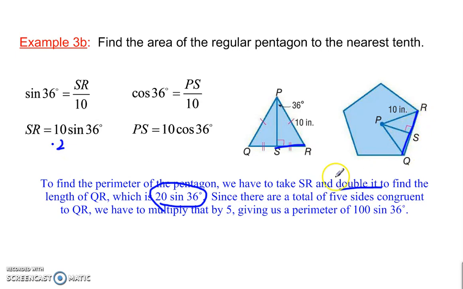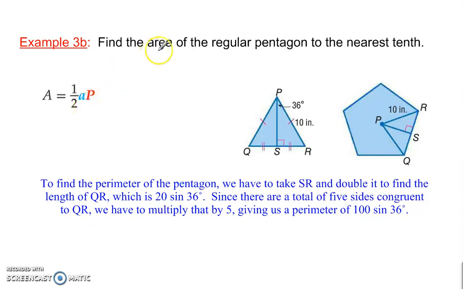And then, since we have 5 total sides, to find the perimeter, we take this times 5, and that gives me 100 sine 36 for the perimeter all the way around. If you didn't catch that, if that went over your head, pause here, read through, or rewind.